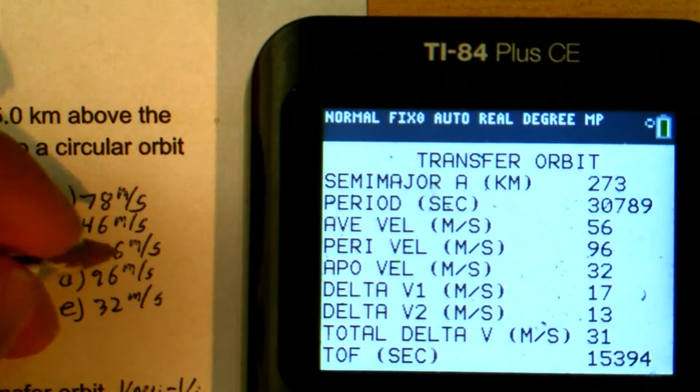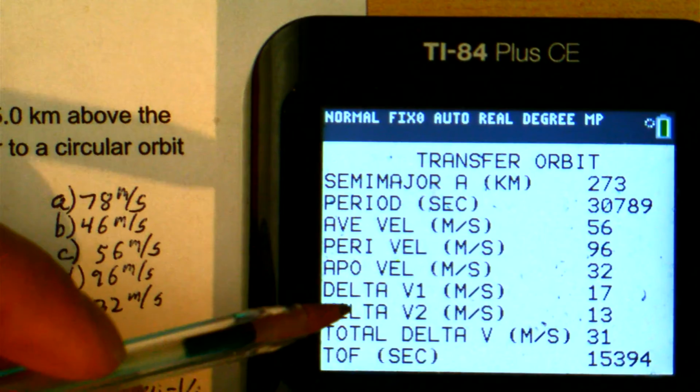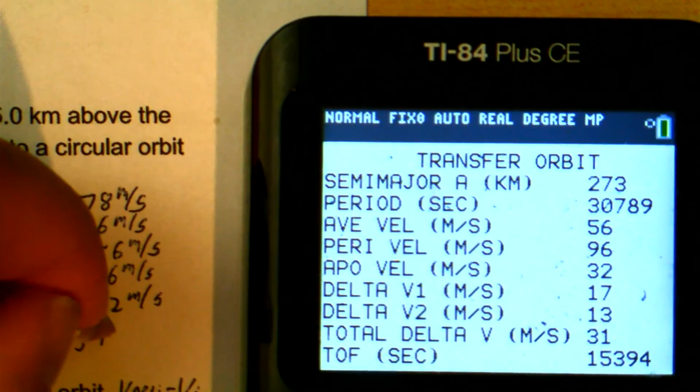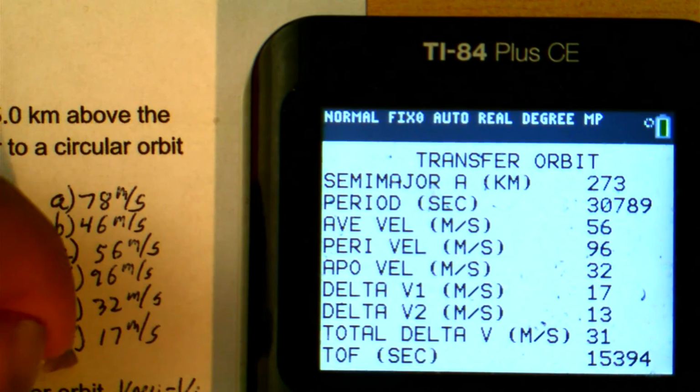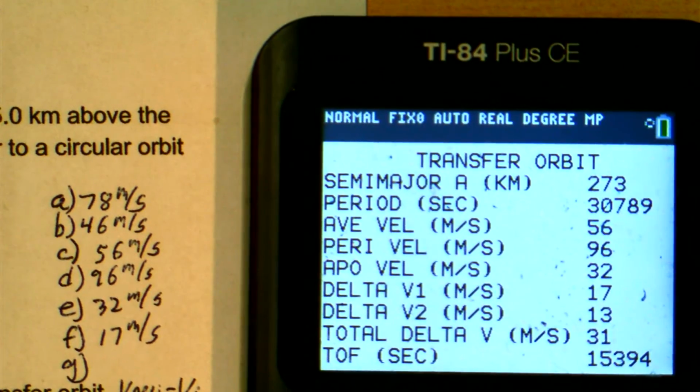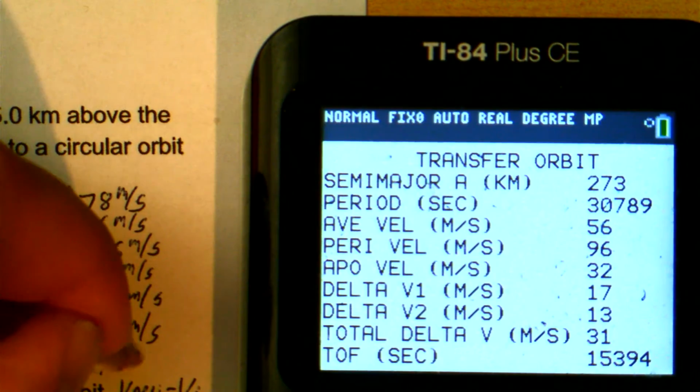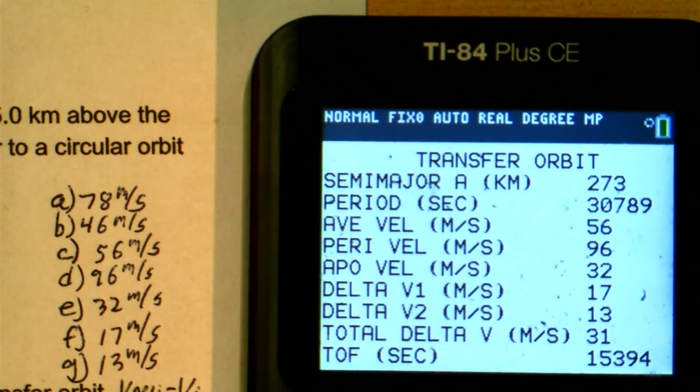The answer to part F is 17 meters per second. The answer to part G is 13 meters per second. The upper one is always going to be less than the inner one.